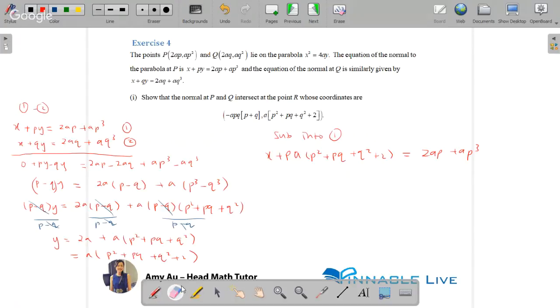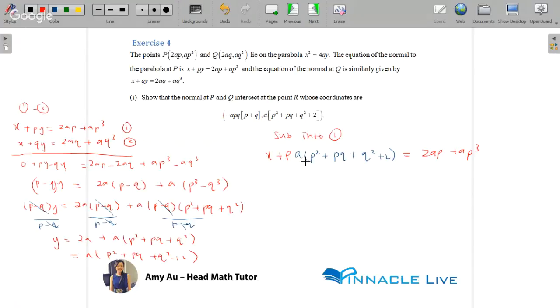Hold on, I will do it in a different color so you know what I've done. So that blue bit is the substitution of Y. That blue bit is what's meant to be Y in the original expression. Okay, and Y is this thing.